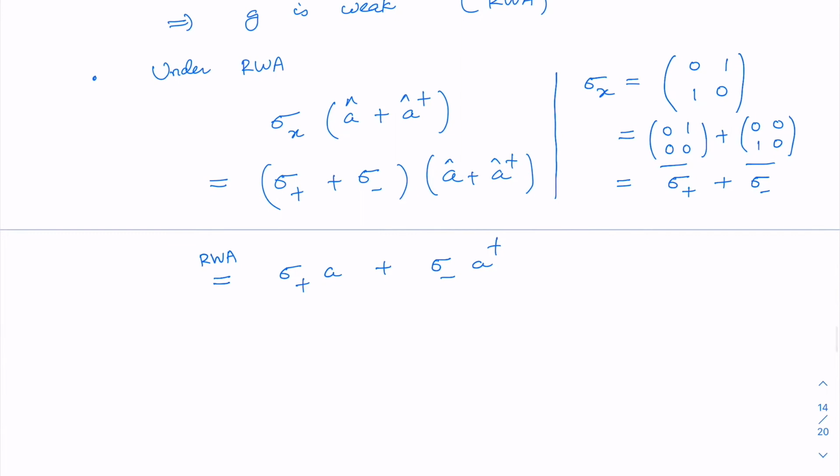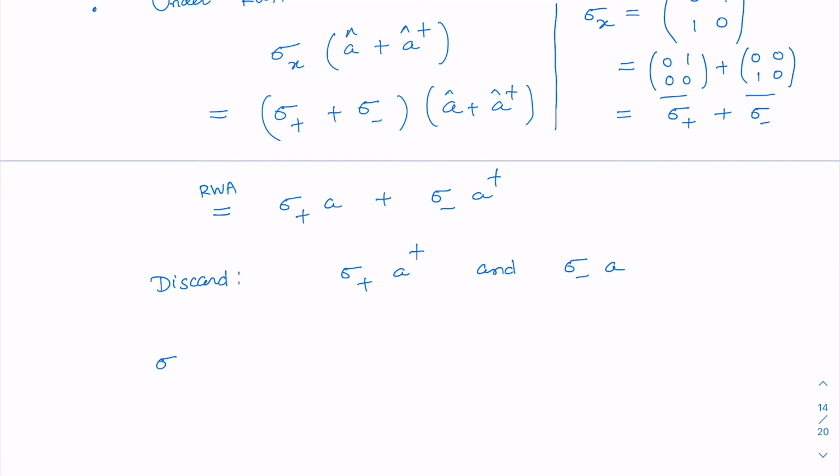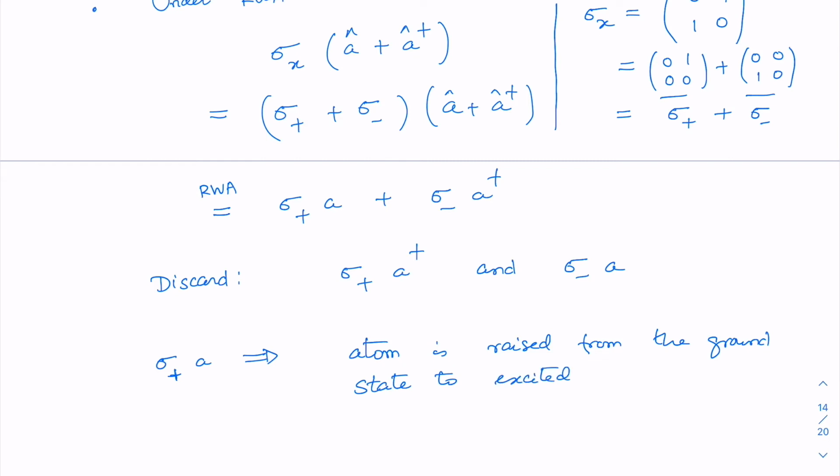Here we are discarding 2 terms, sigma plus A dagger and sigma minus A. This is physically reasonable because, for example, sigma plus A implies that, since sigma plus is the atomic raising operator, the atom is excited from the ground state to the excited state, and in the process a photon is getting absorbed.